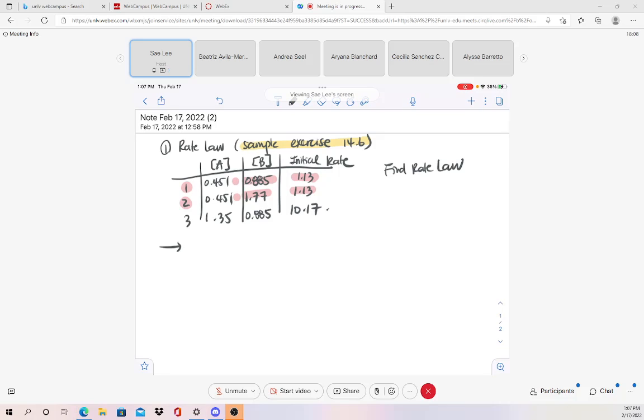This tells us that this reaction is independent of B's concentration.